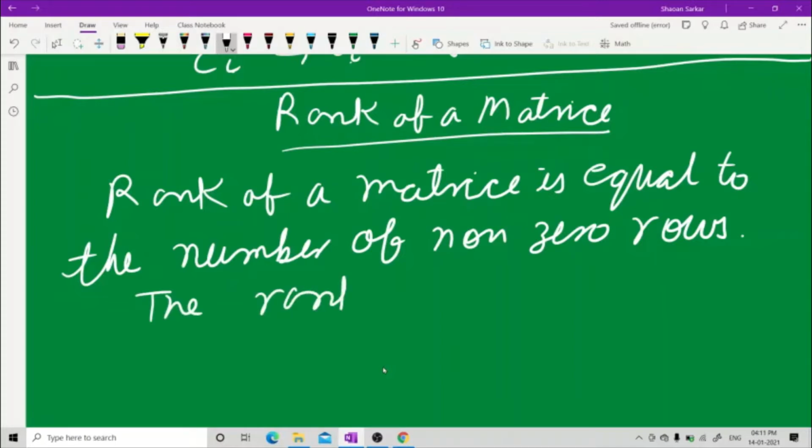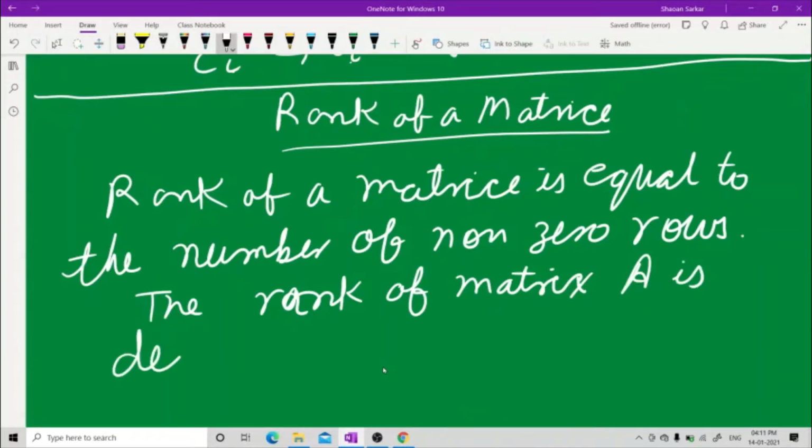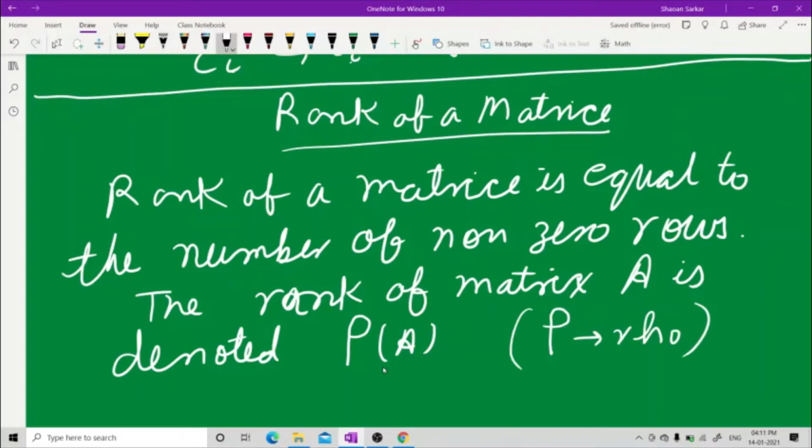The rank of matrix A is denoted by this way, rho A. You draw it like this and like this. This is the Greek alphabet rho. You pronounce it as rho.